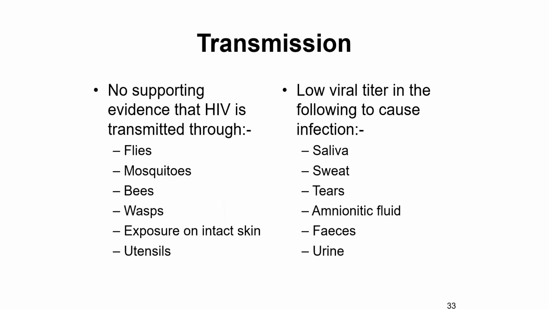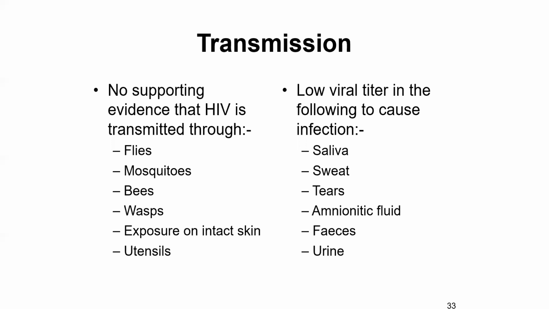Then there are some of these things where people used to think HIV can be transmitted. But actually there is no supporting evidence that HIV can be acquired through some of the mentioned issues. In some of the body fluids, there is low viral titer.